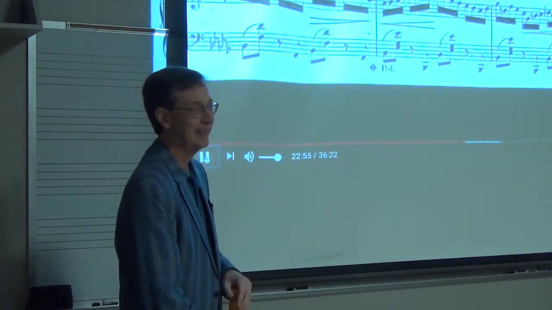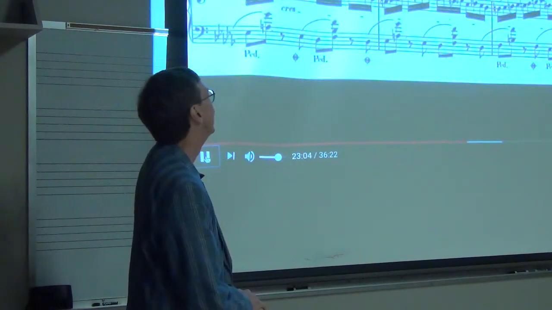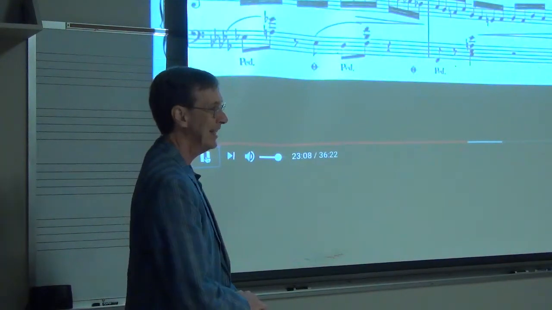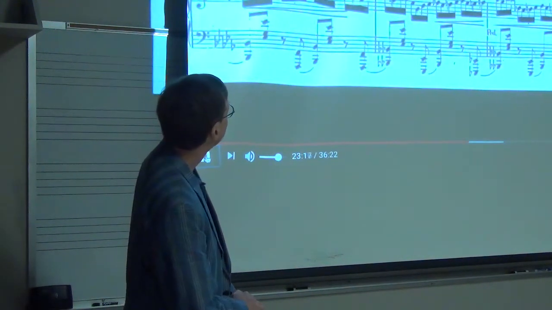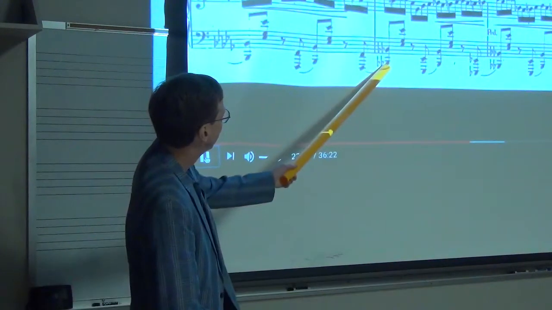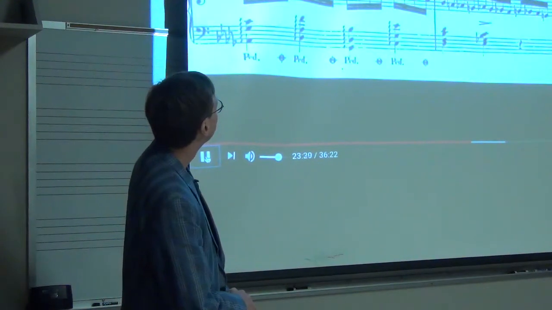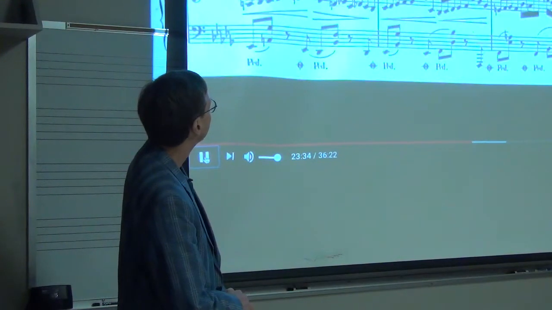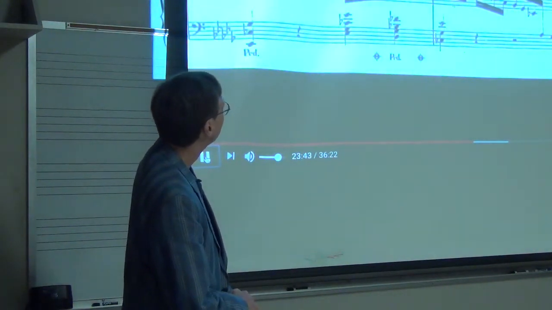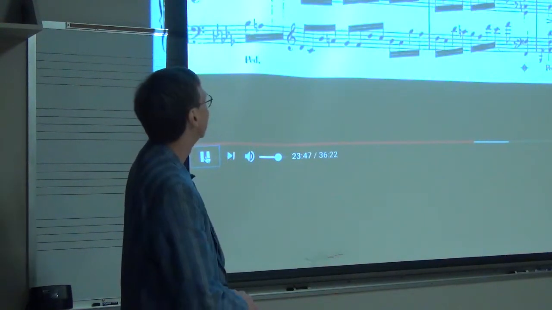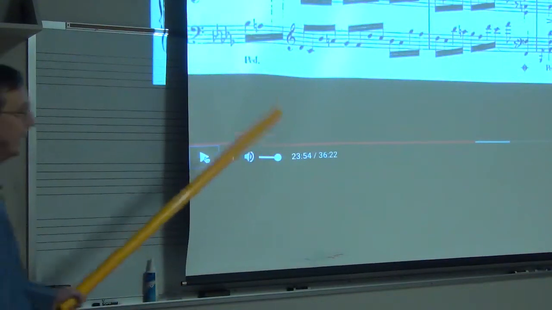This is a fun one. More chromatic scaling. I want to bring something out, again, Bach and Chopin.